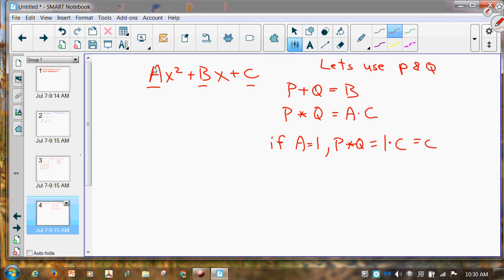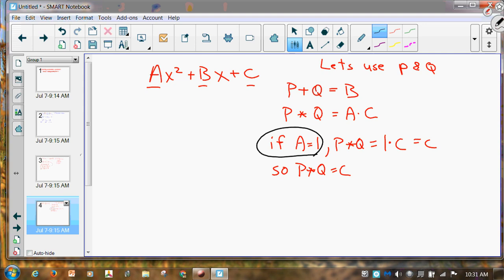Therefore, P times Q equals C for the simple case where A equals 1. And that's what we're going to concentrate on in this next set.